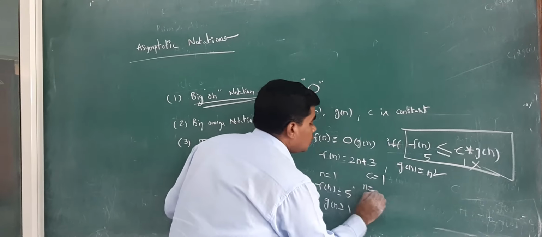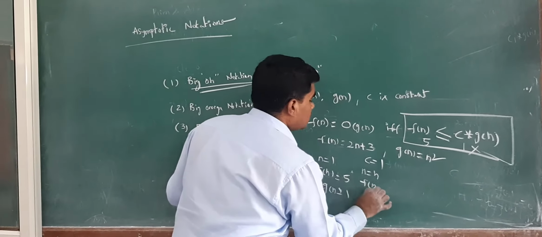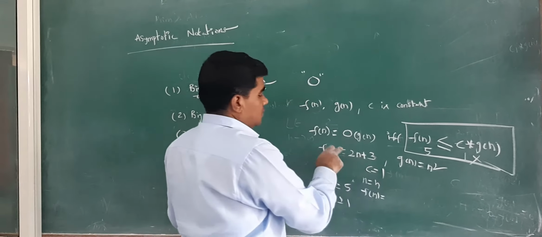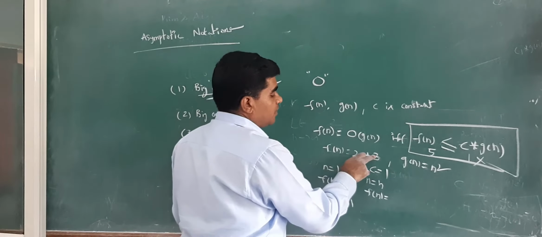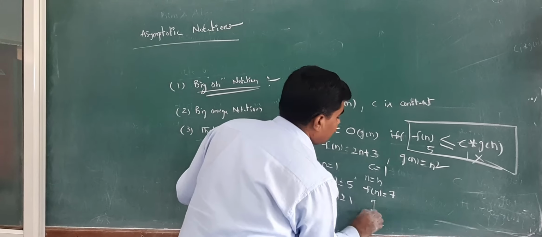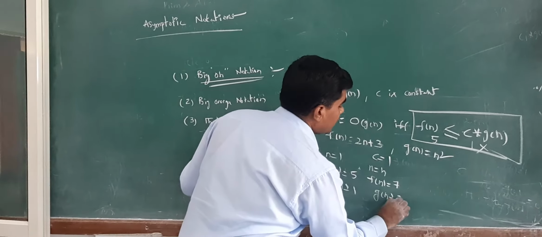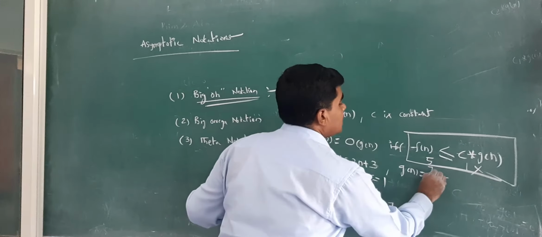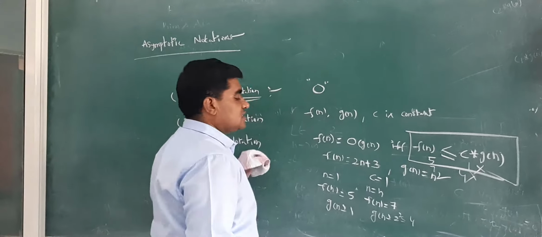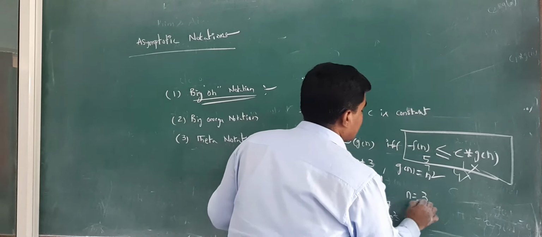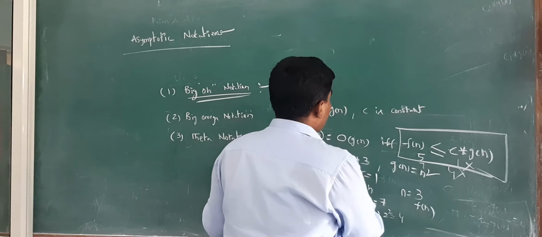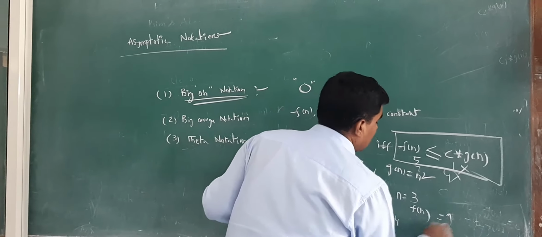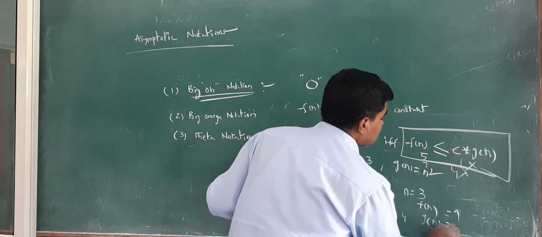Next, n equal to 2: f of n is 2 into 2, 4 plus 3, that is 7, and g of n is 2 square, that is 4. Again the condition fails. Next, n equal to 3: f of n is 2 into 3, 6 plus 3, 9, and g of n is 3 square, that is 9.